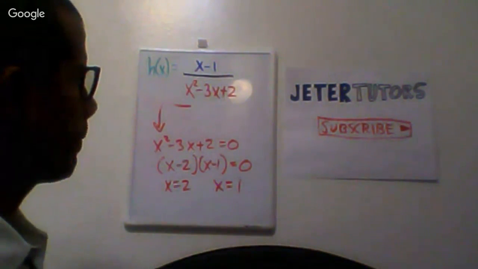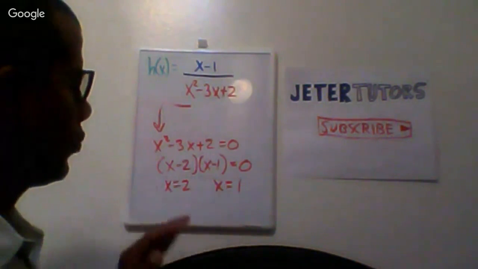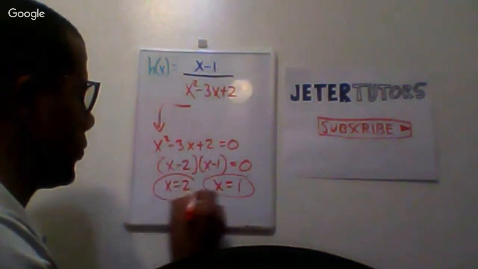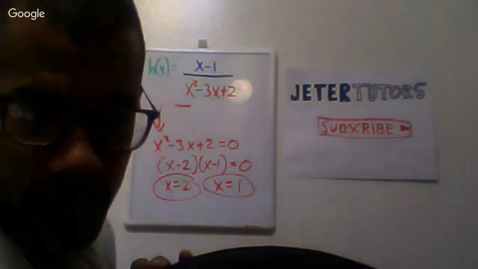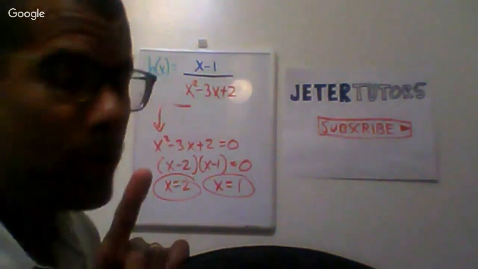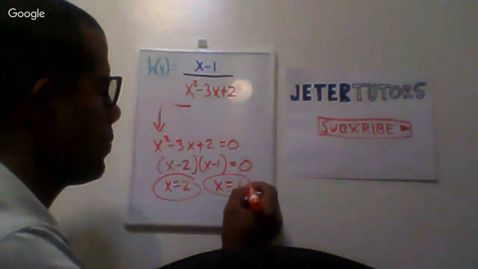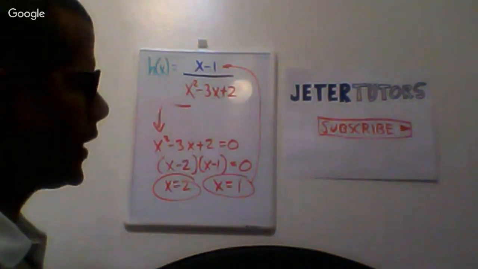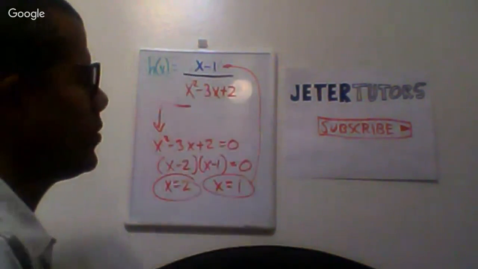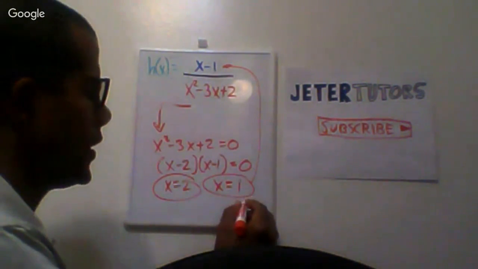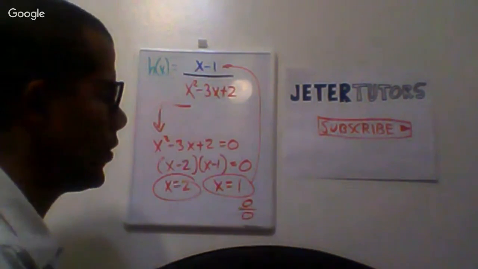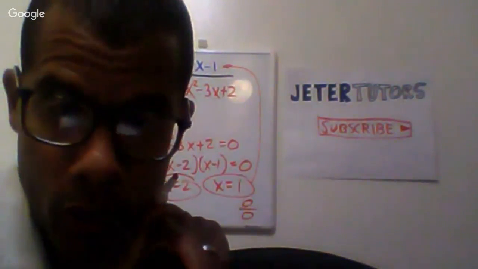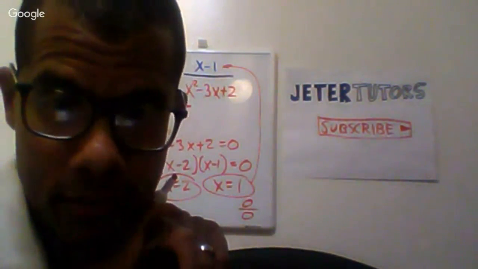Now the problem with just saying there's a vertical asymptote at x equals 1 and at x equals 2 is that when you plug in 1, we get a 0 in the numerator. In other words, we get the evaluation of 0 over 0. When that happens, we know there is a hole instead of an asymptote.